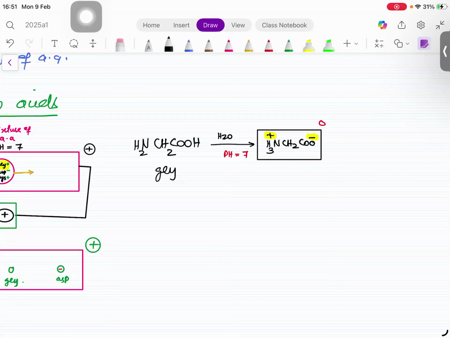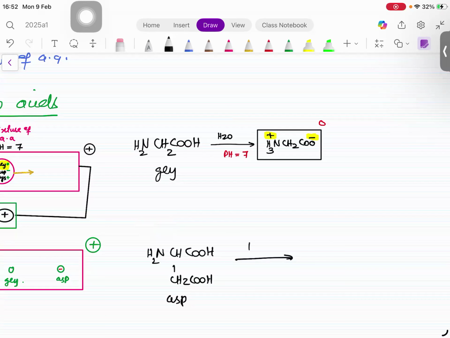Similarly, if you look at this NH2, CH, CH2, COOH, and then COOH. What is this? It is ASP.